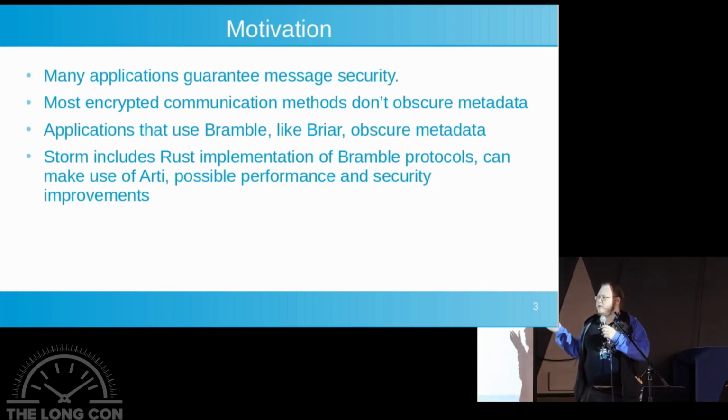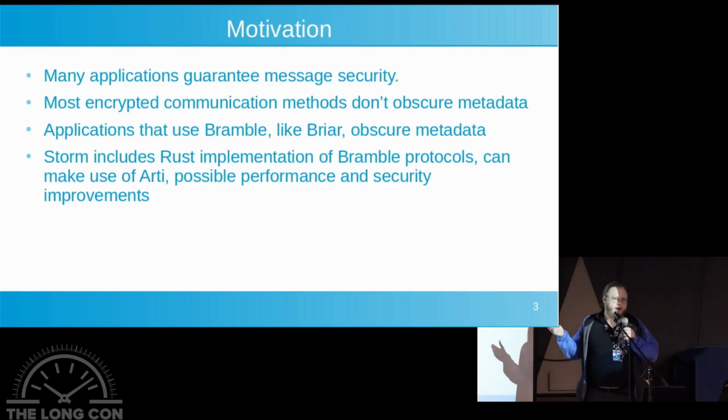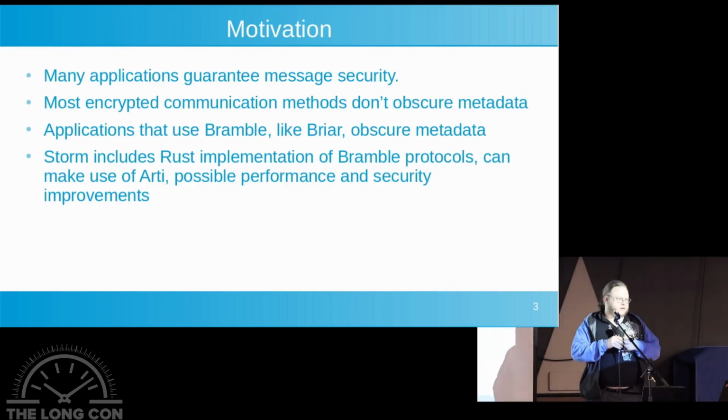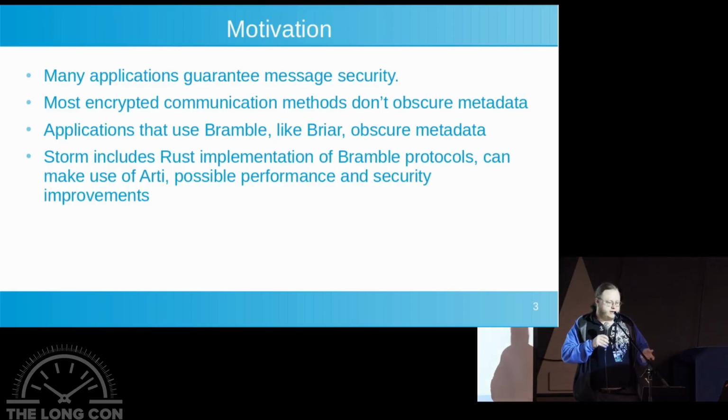So why would one care about an anonymous messenger? There are a lot of applications out there that provide security guarantees. There's Signal, Telegram, various applications that use the Matrix protocol, mainly Element.